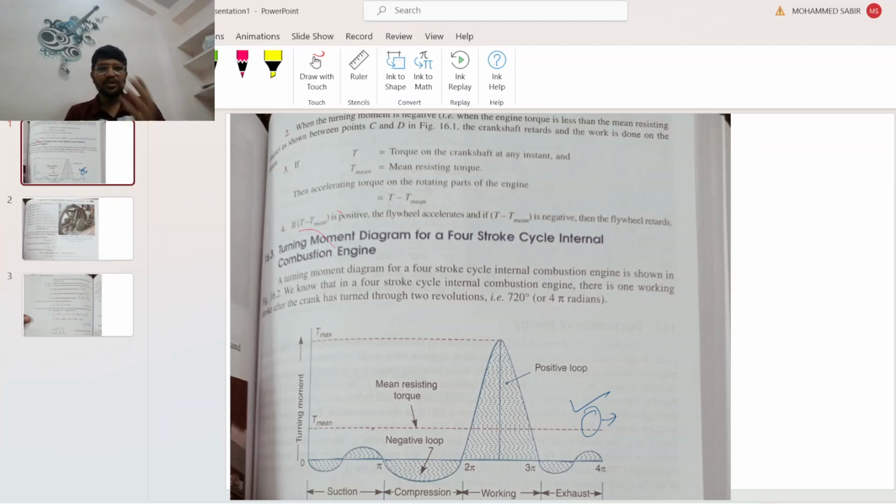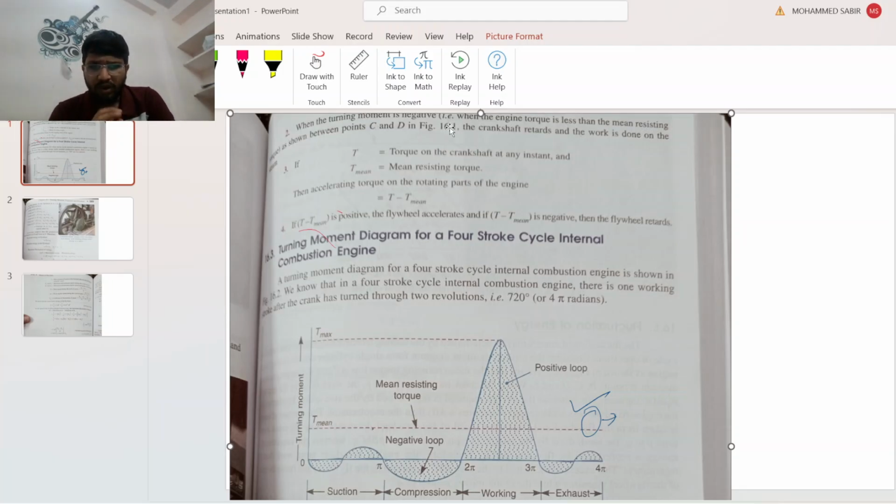You can see on this screen the turning moment diagram of the four-stroke engine.